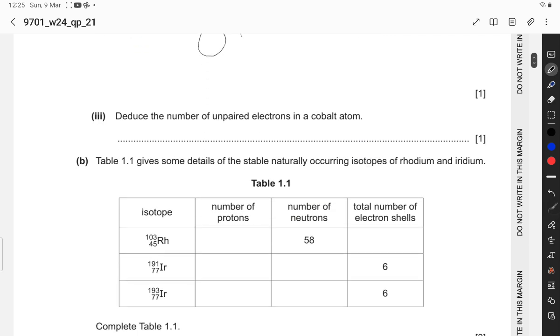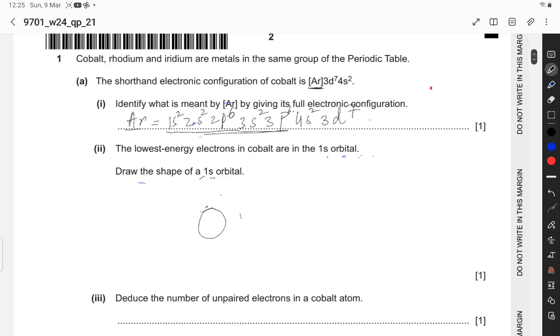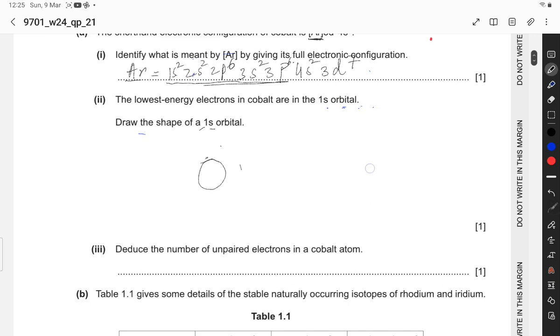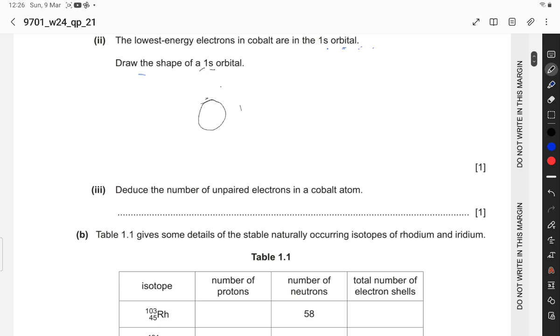Deduce the number of unpaired electrons in the cobalt atom. So this is the electronic configuration of cobalt atoms, and we know that in 3d orbitals we have 5 degenerate orbitals.